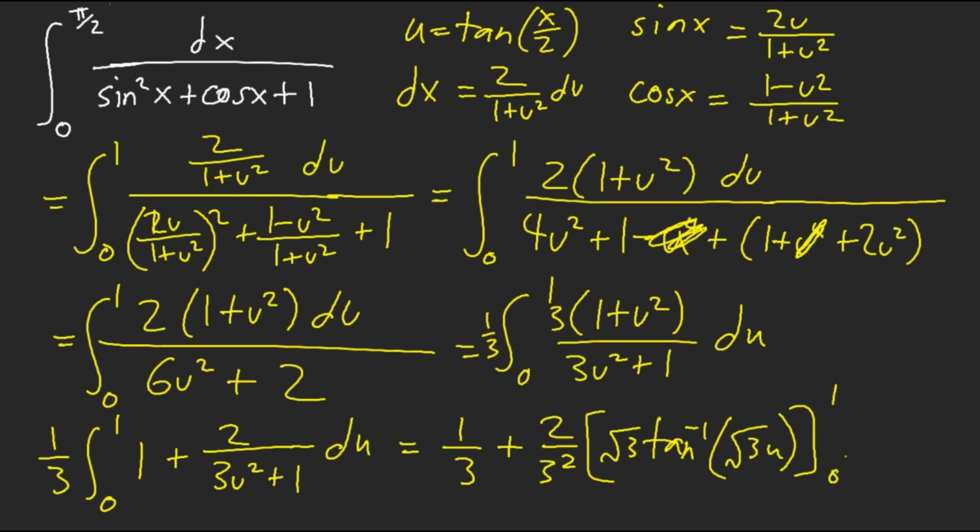Okay? And then your answer should be like 1/3 plus 0 inverse tangent of root 3. It's pi over 3. Pi over 3 is 2 pi over 9 root 3. I think that's my answer.